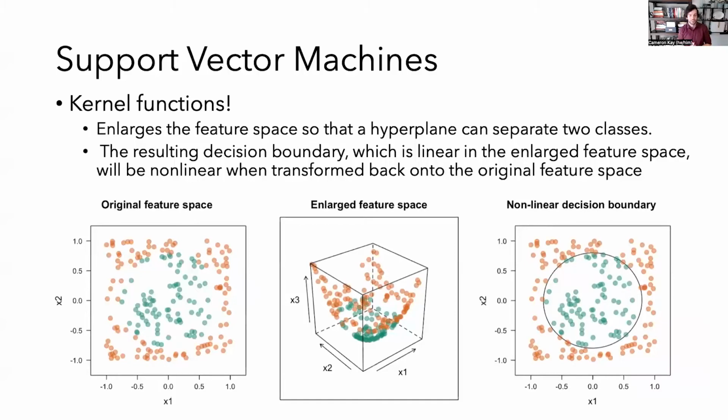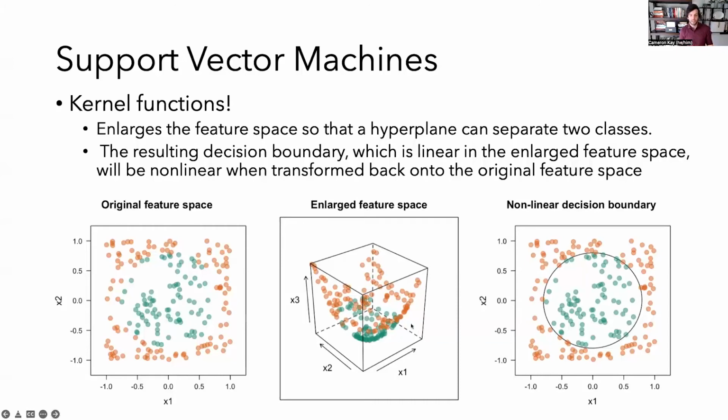They're also called kernel tricks, which I think is a really cool idea. And the idea is that you're taking this feature space, right? Here's our original feature space, which we can't draw a circle in. We can't really figure out where to put a line. Well, we enlarge that feature space, potentially if it's 2-dimensional to begin with, into 3 dimensions, and then we are potentially able to draw a flat hyperplane between our two groups, right?